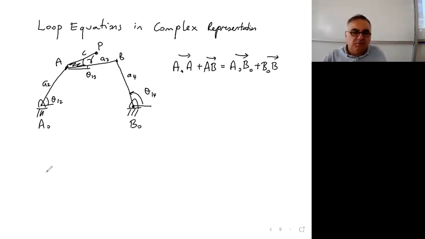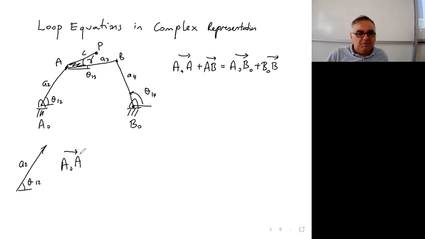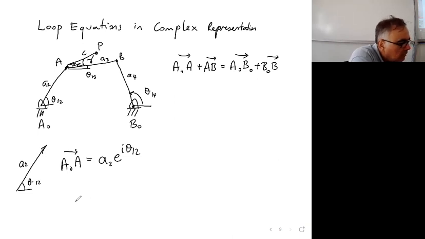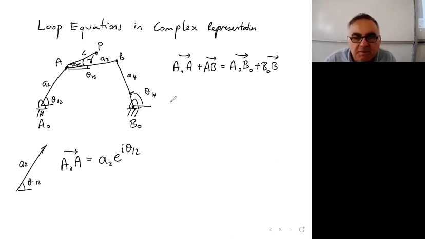But now this makes things a little bit easier. This vector A0A, with A2 and theta 1, 2, can be written as A2 times e to the I theta 1, 2, as you can see. And the same is true for A3, A4, etc. So that we can write the loop equation as follows in a more compact way.